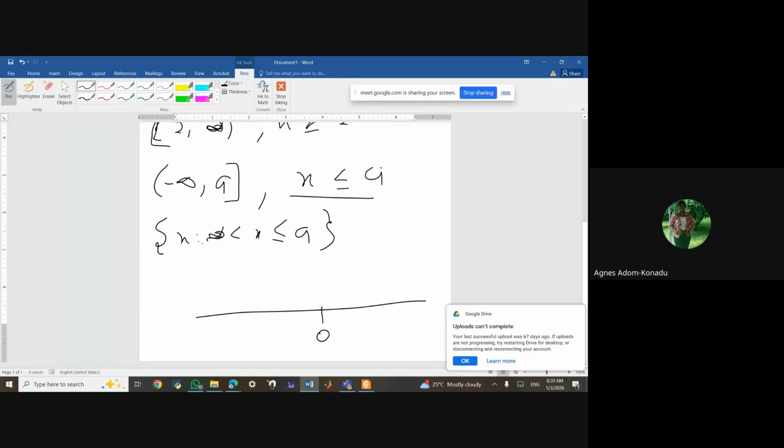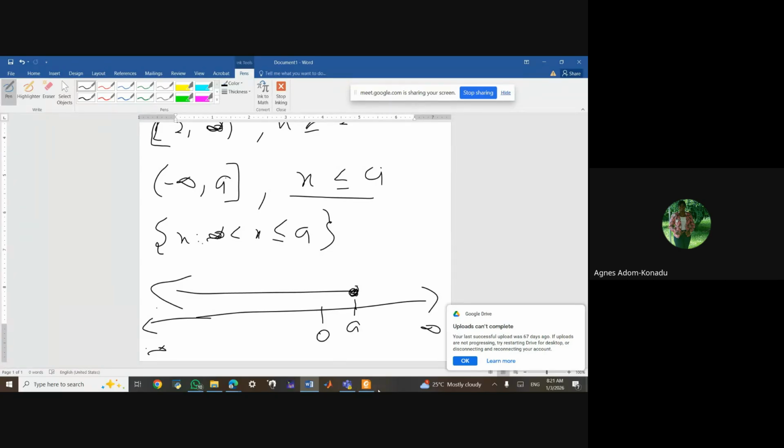On the number line, I have 0 here, positive infinity, and negative infinity somewhere. If this is my A, the numbers less than A are here, and because A is part of it, I have to shade.